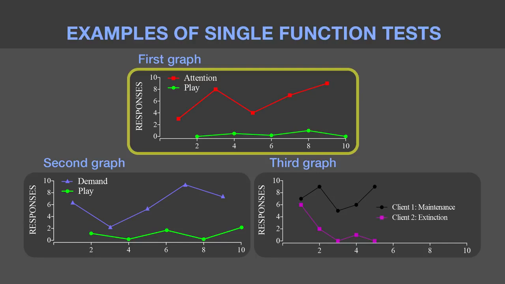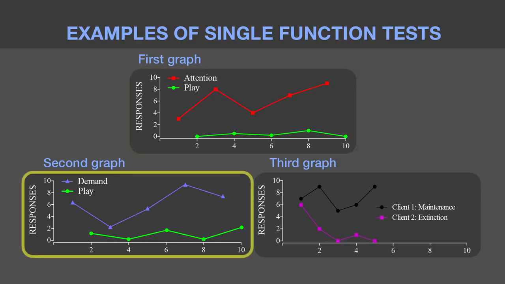What we can't say is whether this behavior is at all maintained by escape from task demands, but we didn't test that condition. We can say, however, that problem behavior is attention maintained, and we can develop an intervention based on that hypothesis, and if that intervention is effective, then we're done. And we only need to come back and repeat the assessment if the intervention is ineffective.